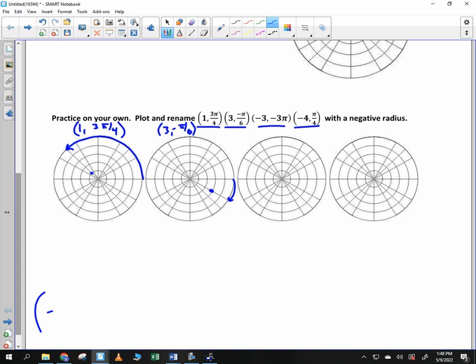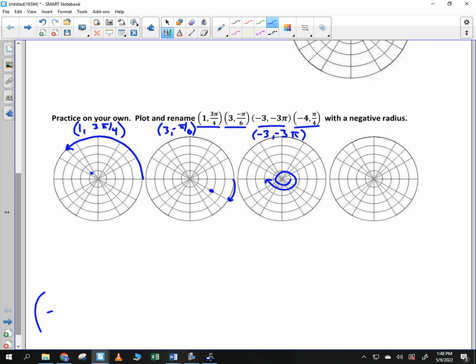Notice the next one says negative 3, negative 3 pi. What's different about this is that the radius is negative, isn't it? First, I'm going to rotate negative 3 pi. I have negative 1 pi, negative 2 pi, negative 3 pi.